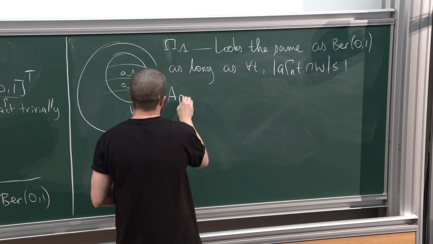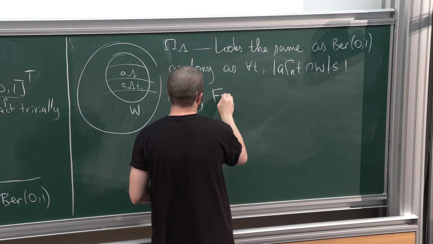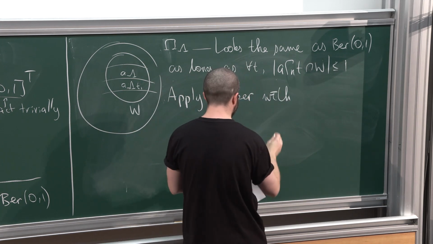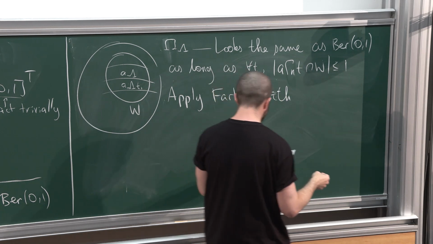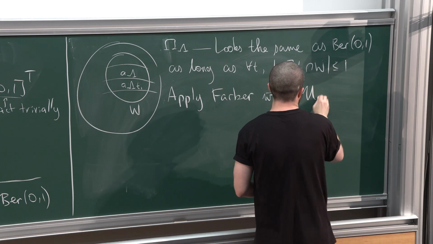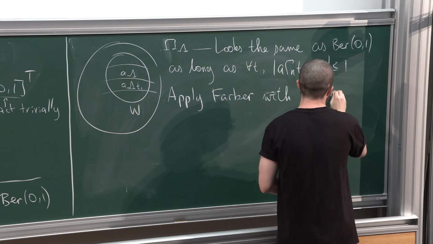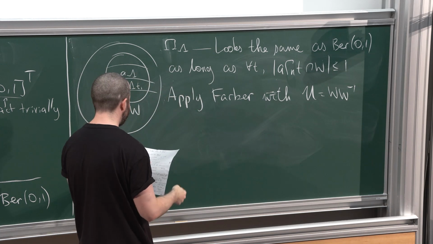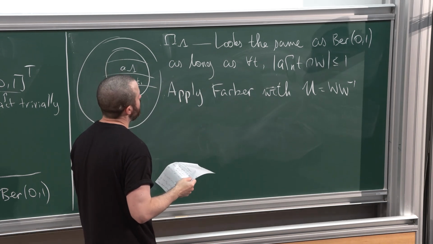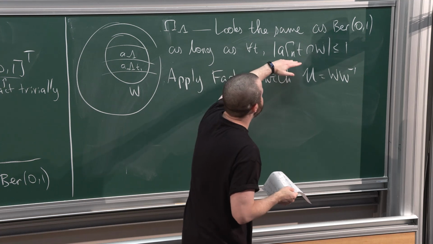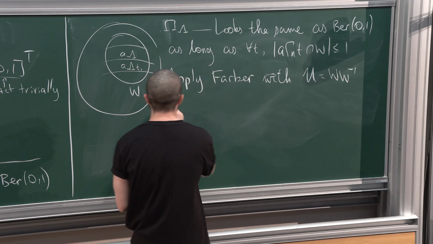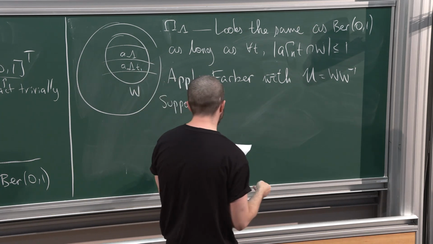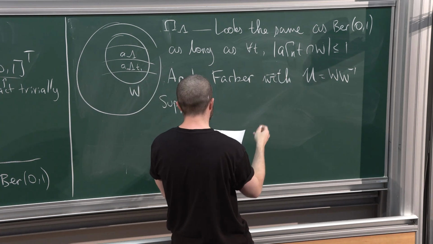So apply the Faber condition with u being either w inverse or w inverse w. Suppose this happens, so suppose I have one of these bad cosets.